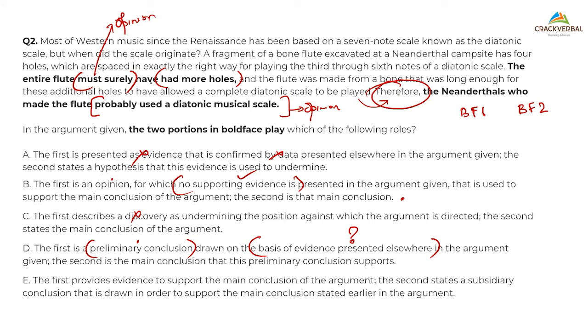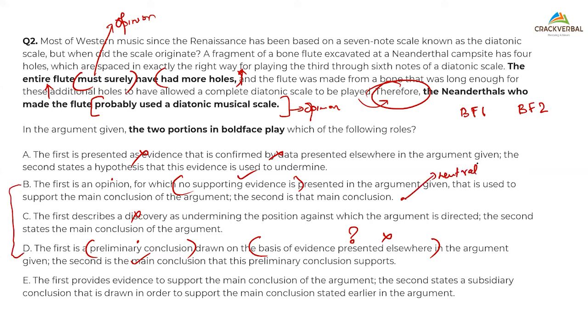Where do you see the evidence elsewhere that they must have more holes? The idea is having more holes. These additional holes. Do you see more holes? Must surely have had more holes. There is nothing. The second is main, I'm fine. That it supports, I'm fine with that. But here is my cross. Between B and D, this is the most neutral option.